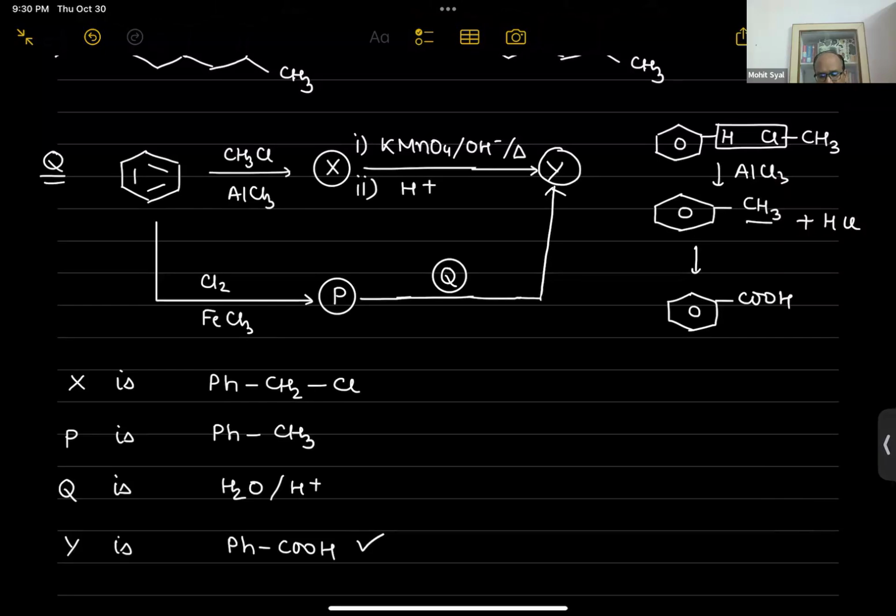But what about P? P is the chlorination of benzene. Here also you can follow the same approach as above. If you don't want to get into the mechanism, remove HCl and connect the Cl and the benzene together.